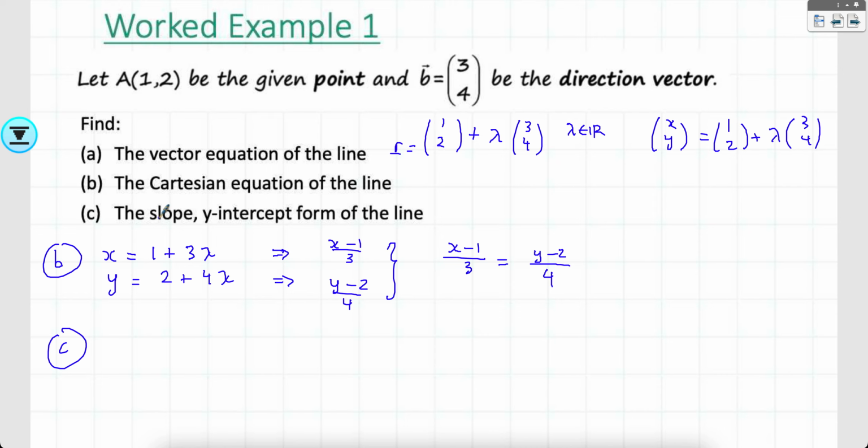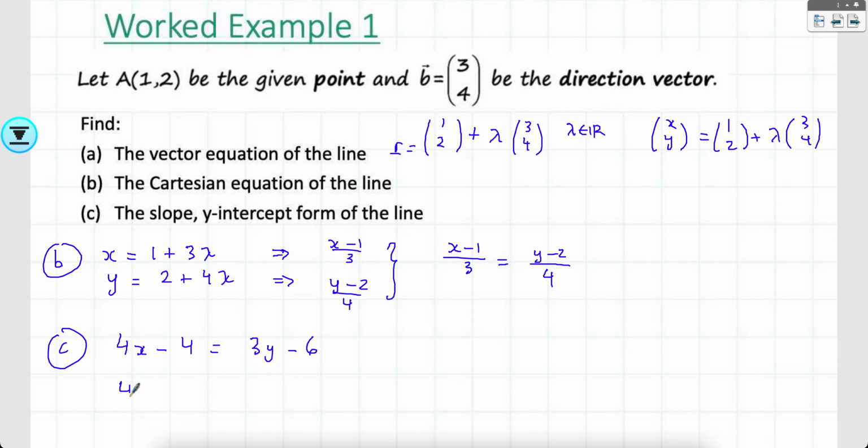And then I need to write it in gradient intercept form. This is what I've mentioned: when you're in 2D, you can easily change it to gradient intercept form. Well, let's try and do that. What I could do is just cross multiply to get rid of the denominator. So we get 4x minus 4. Obviously, in gradient intercept form, you want y to be the subject. That's what I'm trying to do. Minus 6.